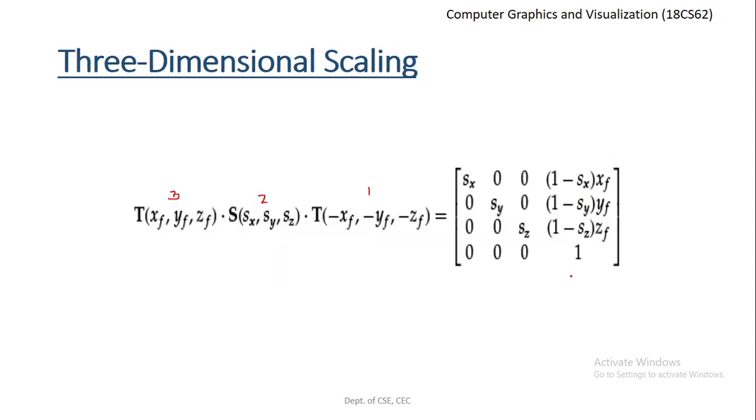So that was about three-dimensional scaling. The scaling transformation causes the object to either enlarge or reduce its size. So we can scale a given 3D object with respect to the origin, or with respect to a fixed point xf, yf, zf.